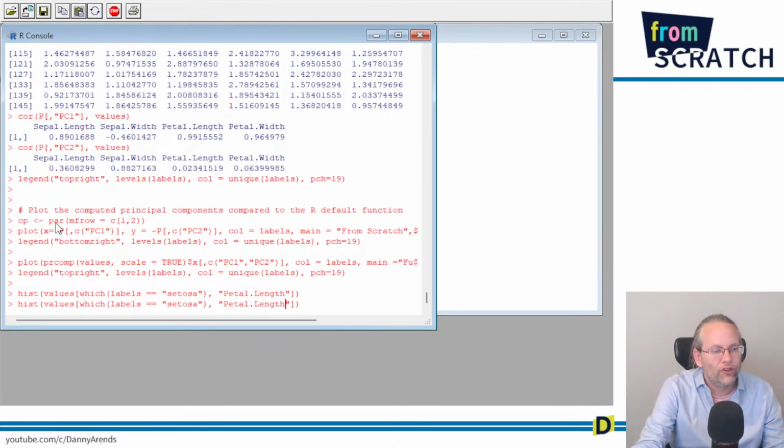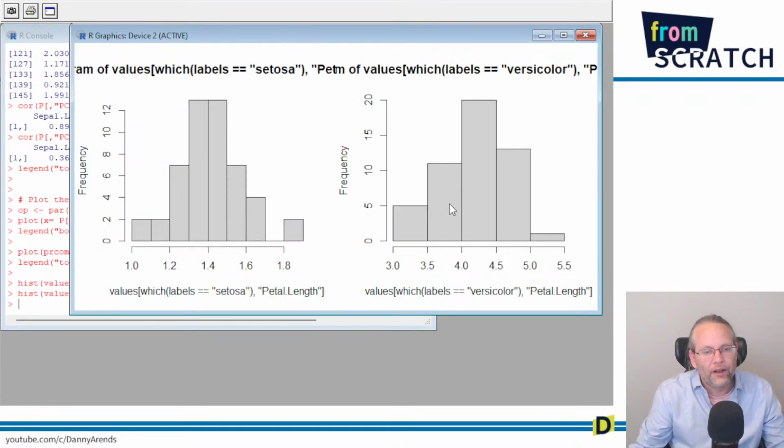If I do the same thing for the versicolor, you can see that these vary from like 1 centimeter to 1.8 centimeters, but these vary from 3 to 5.5 centimeters. So here there's only a 0.8 variance, and here there is a 2.5 variance.